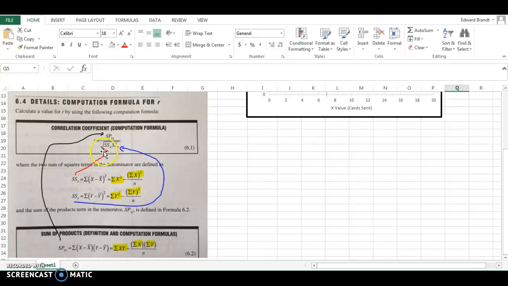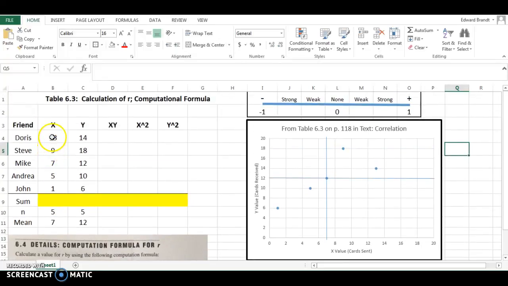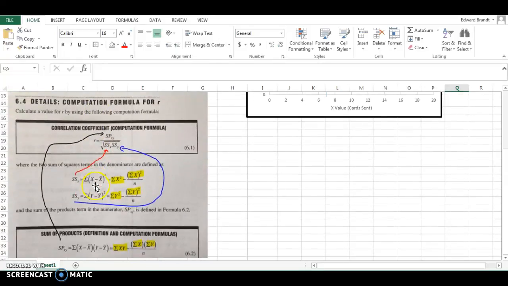So you follow this red line here. It gives you that one part of the denominator here, which is the sum of the squares of the x values. Basically what's happening is for each x value, in this case here, the x values are here, you are finding the distance or difference of that number from the mean. And then once you find that value, you square it, and then you do that again for each value.